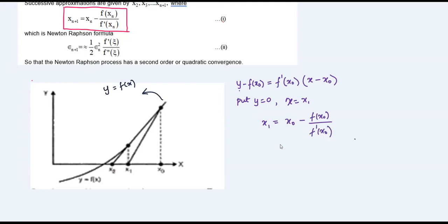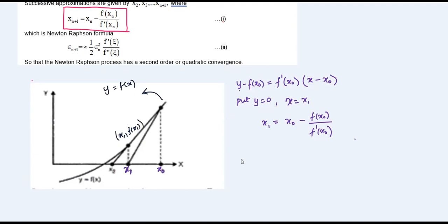So what we have done is we drew a tangent. Instead of a secant, now we are drawing a tangent at that point, and wherever the tangent cuts the x-axis, that will be our x1. This is x naught. Now next, at x1, this is x1 comma f of x1. Again we draw a tangent.